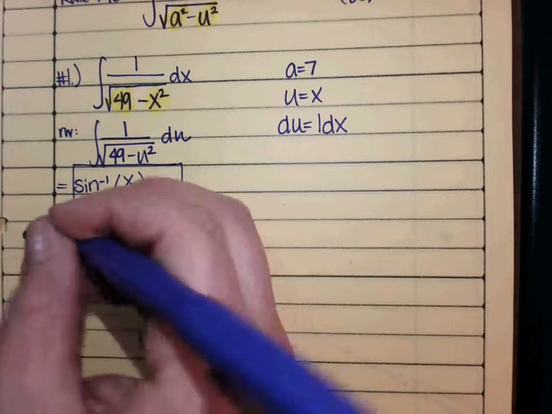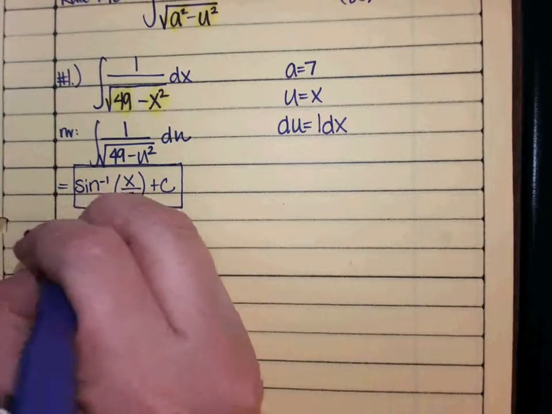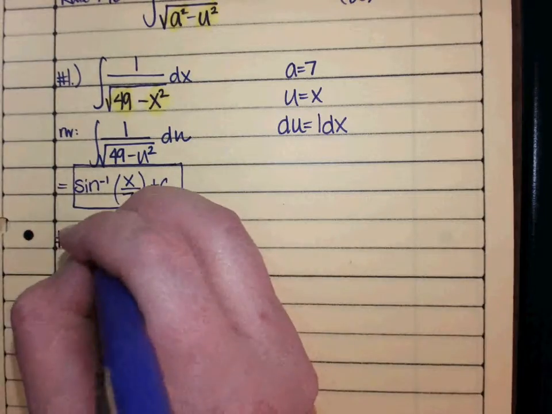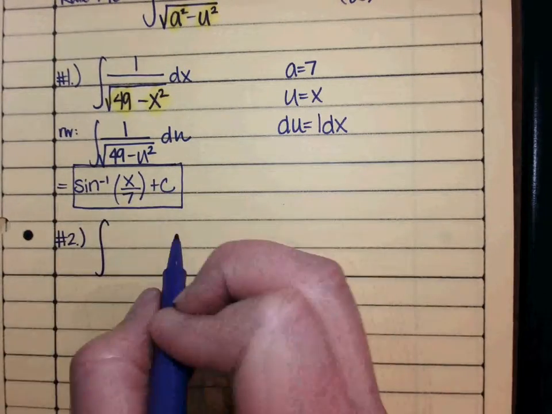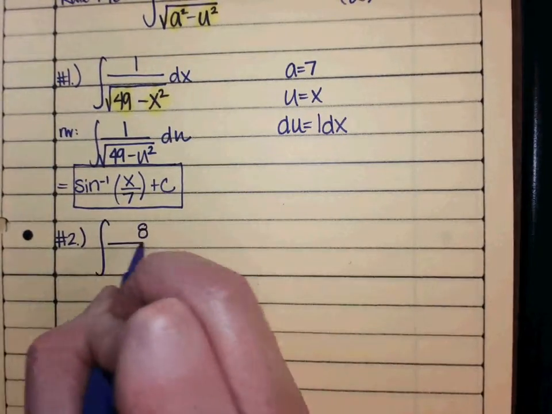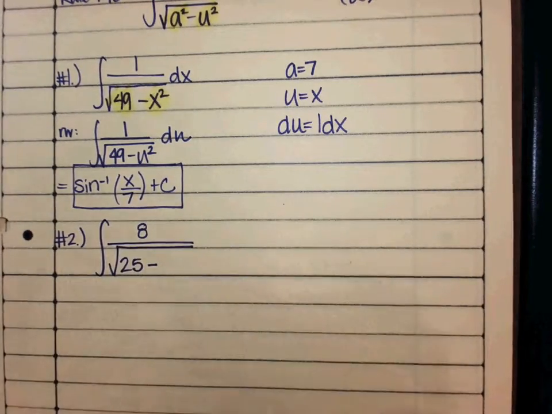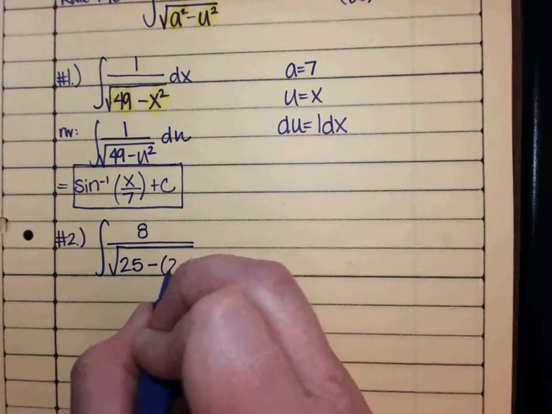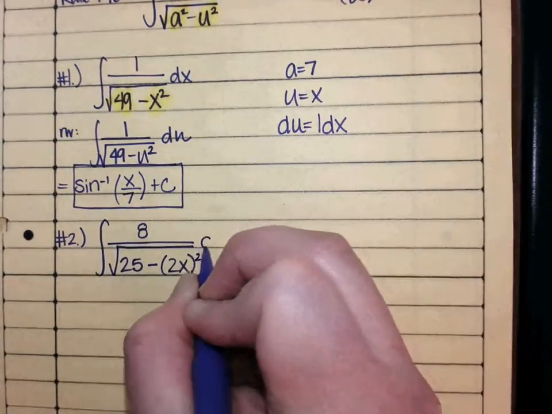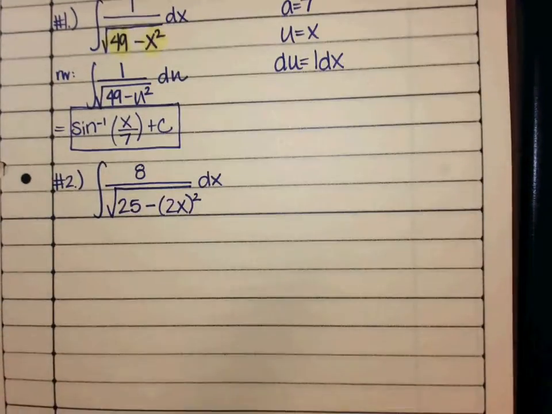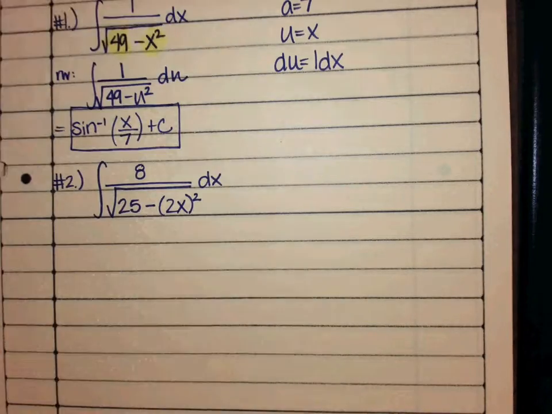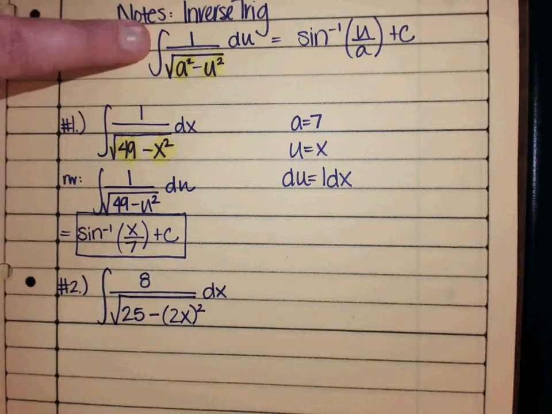Alright, let's do another one like that. Number 2. This one's going to have an actual u sub on it. So it'll be 8 over the square root of 25 minus 2x squared dx. Okay, now keep looking back at this formula that we wrote at the top, because this is important.